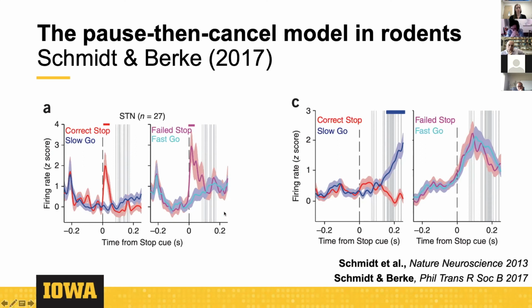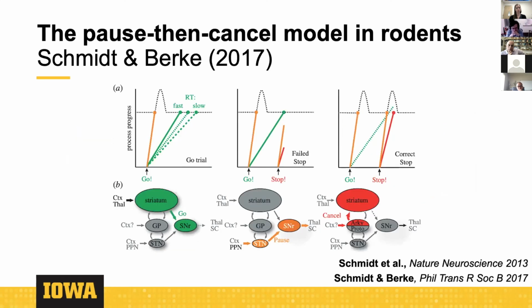So the idea here is that stopping in the stop signal task is really a two-step process, which begins with this very fast, low latency, quote unquote, pause response that is mediated by hyperdirect pathways through the basal ganglia to the subthalamic nucleus that shut off the output gate of the basal ganglia.